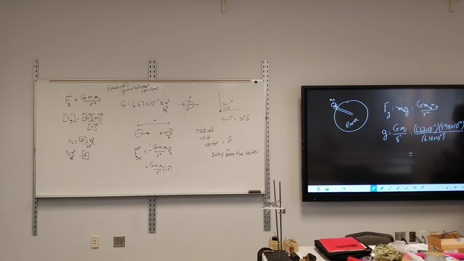What would you guess? I got 9.799, which is 9.8. Units? Meters per second squared. We better get the same units as acceleration. I fear what may happen should we not.